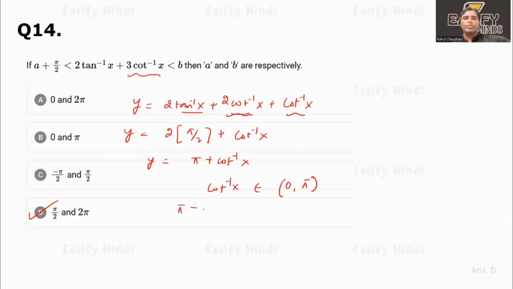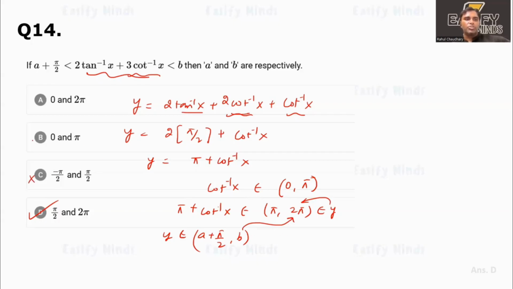So let's add pi to this. Pi plus cot inverse x will belong to pi to 2 pi. Now this is the y value, so y belongs to pi to 2 pi. Now here y belongs to a plus pi by 2 to b. So in place of b, what do I have? 2 pi.